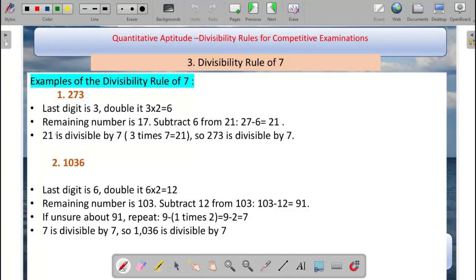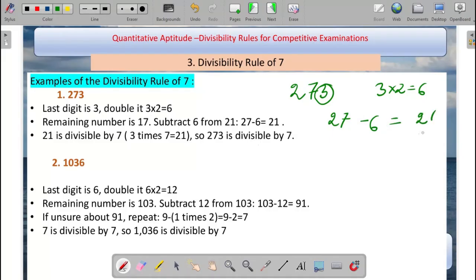In this case 273, what is the last digit? 3. So 3 into 2 is equal to 6, and the rest of the number is 27. So the remaining number is 27. We have to deduct 6 from 27, that is 21.